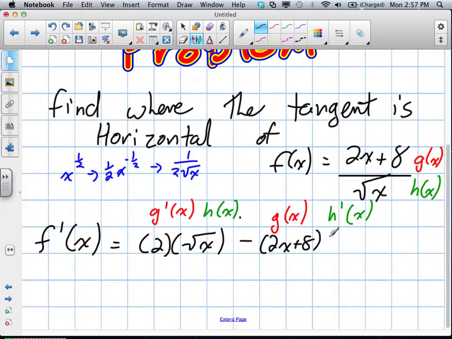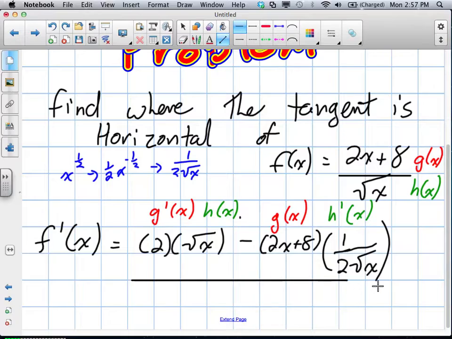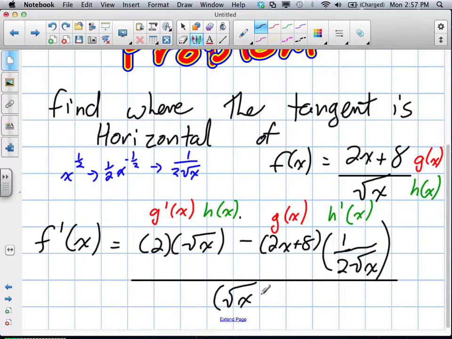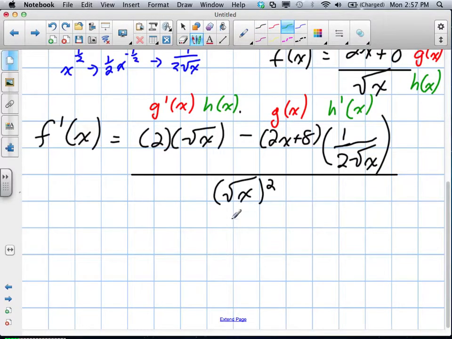So I've now rewritten this to be 1 over 2 root x. All of this is above the original function that was on the bottom, root x, squared. That's where our h of x squared is. So there's our quotient rule in red and green.